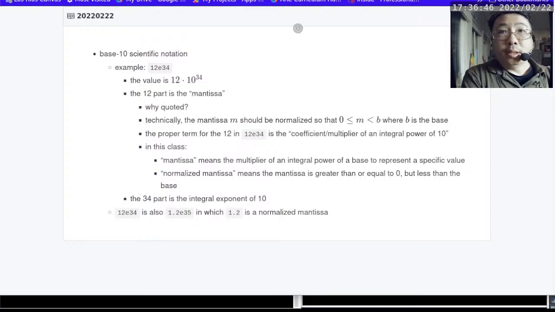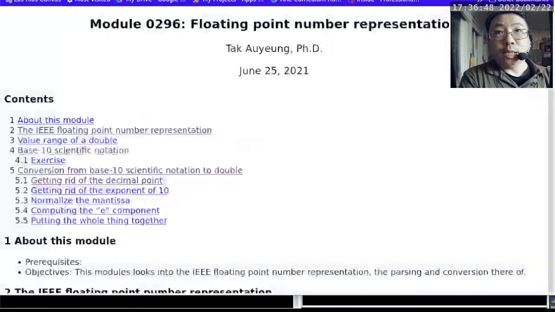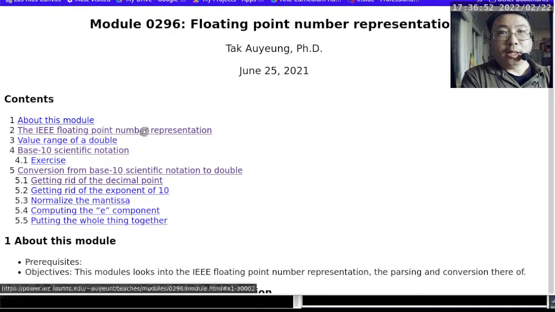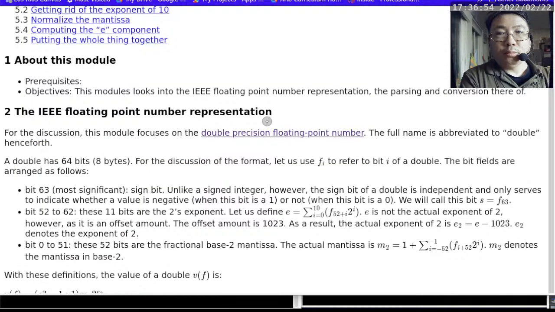All right, so what we'll do now is get into the discussion formally, and we are going to get into section 2. Section 2 talks about the IEEE floating point number representation, which you normally know as float in C++ or double, depending on the size of the floating point number representation. Float, the shorter one, uses only 32 bits.